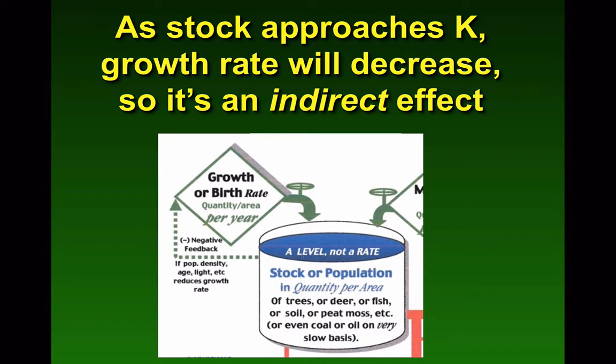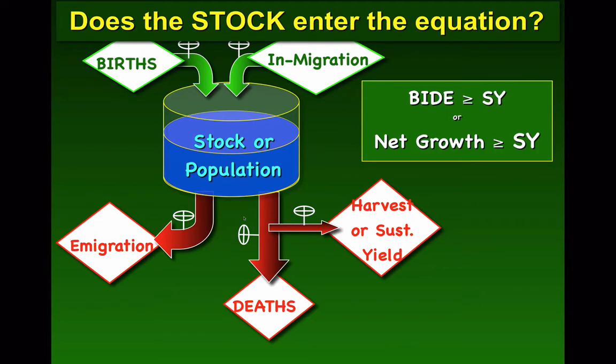The growth rate is going to decrease, but it's an indirect effect. This feedback loop will affect the growth rate and decrease it, but it's not a direct effect, so it does not enter the equation. So you can see that here's the stock of population, but it's not entering either equation, the equation for forests or the equation for wildlife.